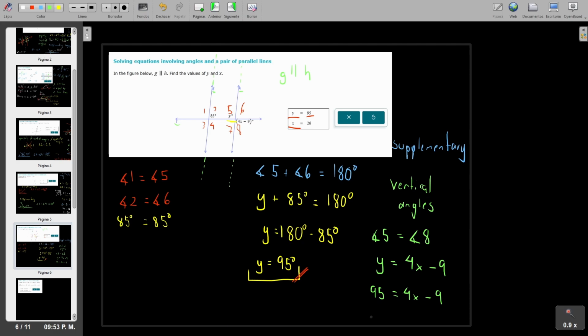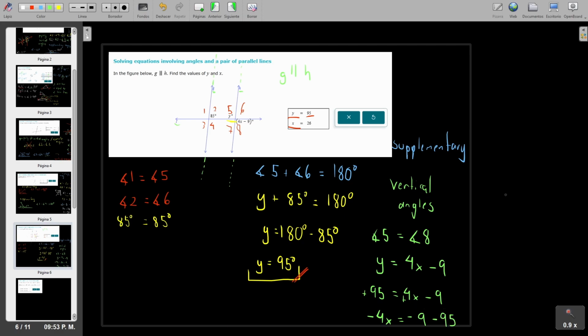So it's going to be minus 4x. Remember, it is plus here, it goes to the other side with the opposite sign. So it is minus 4x equals minus 9. No, we begin with the minus 9, because it stays here so the sign doesn't change, and the 95 changes.